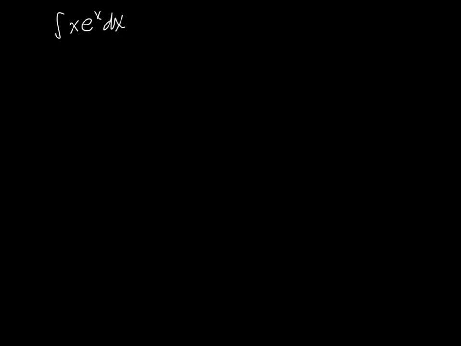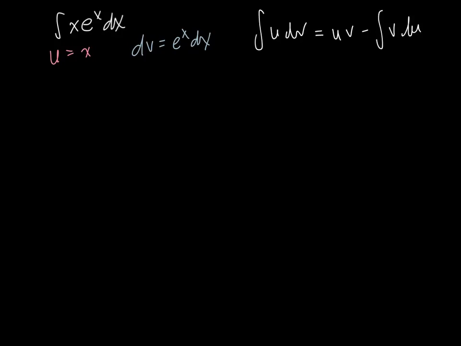So let's recall, we said we're going to let u equal x, and we're going to let dv equal e to the x dx. And let's write down our formula again. So this is the integral of u dv is equal to uv minus the integral of v du.